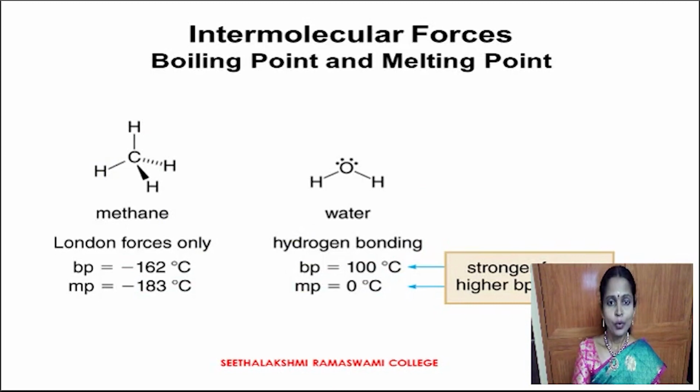The boiling point and the melting point of the water molecule are very high, which is about 100 degrees and 0 degrees, compared to the methane molecule, which has a boiling point of about negative 162 and melting point of negative 183. This is because in methane we have only London dispersion force, whereas in water molecule we have the strong hydrogen bonding present.